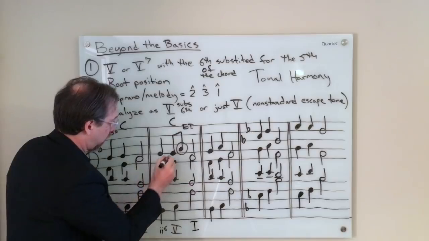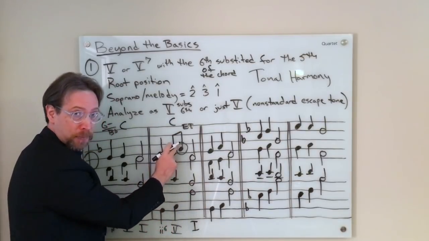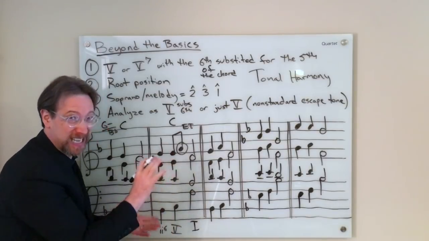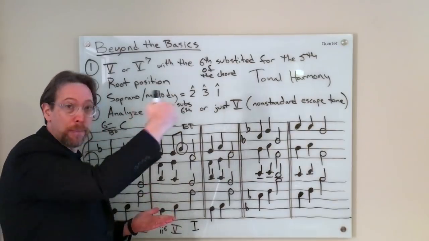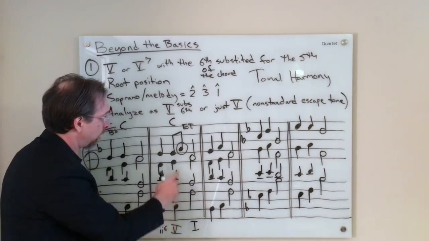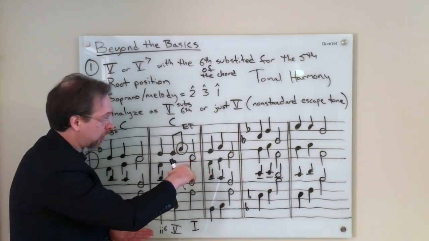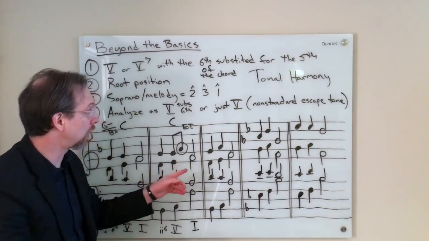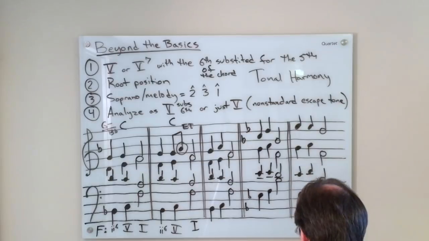The 5th of our 5 chord steps up into the 6th of the 5 chord, and the 6 is not part of the chord, right? And then it resolves down by a leap of a third to the root of the 1 chord.